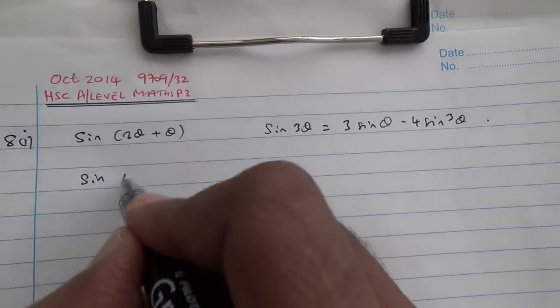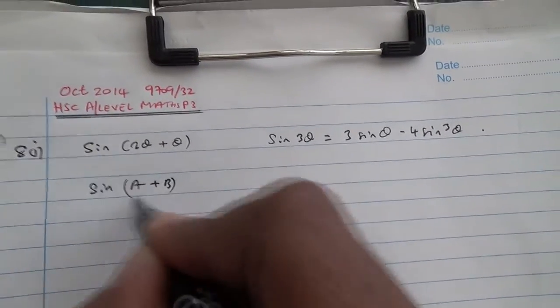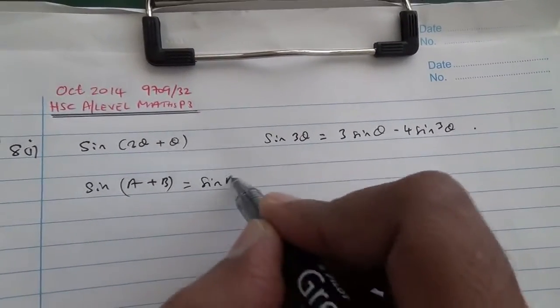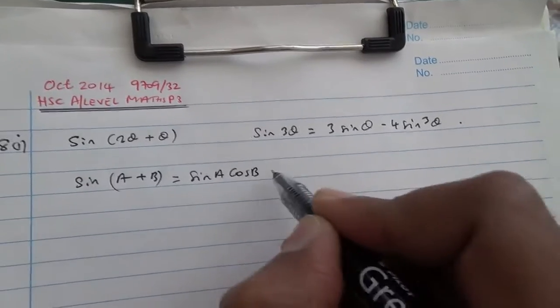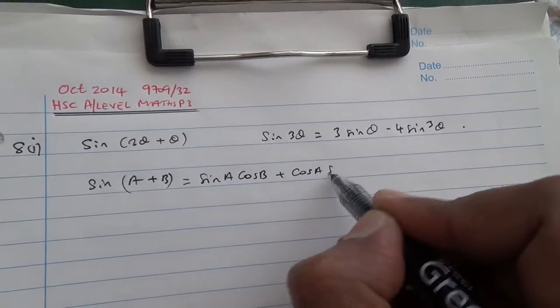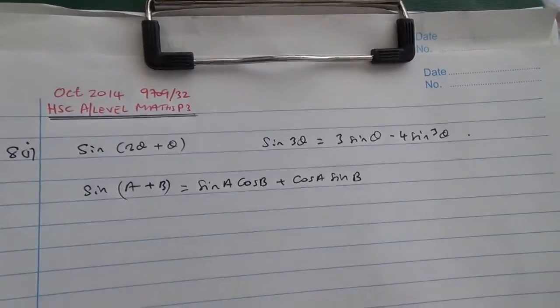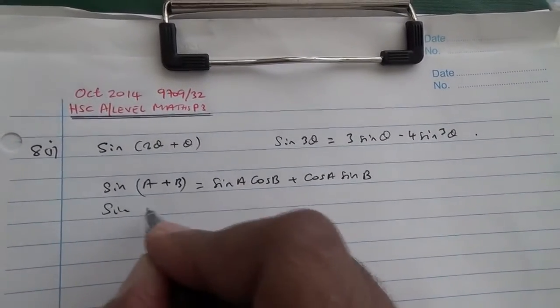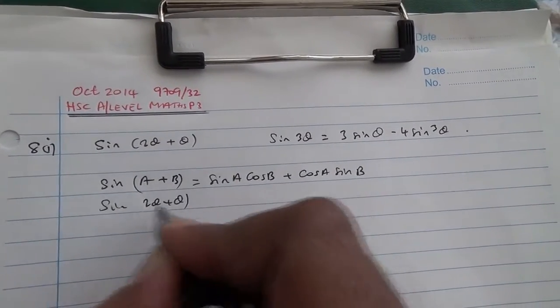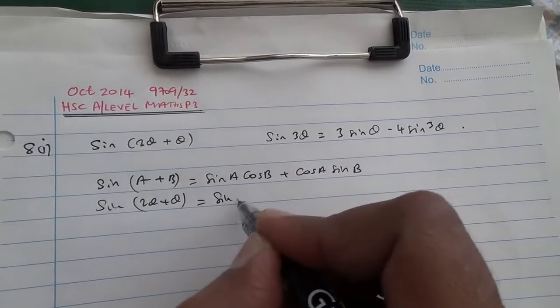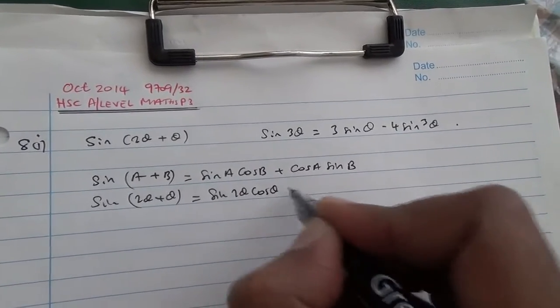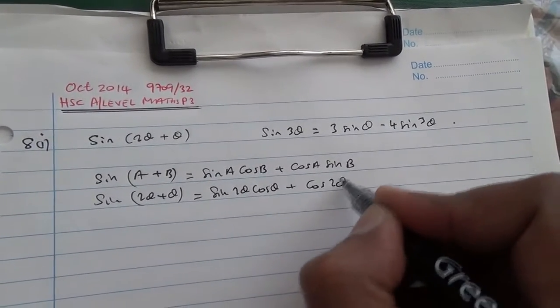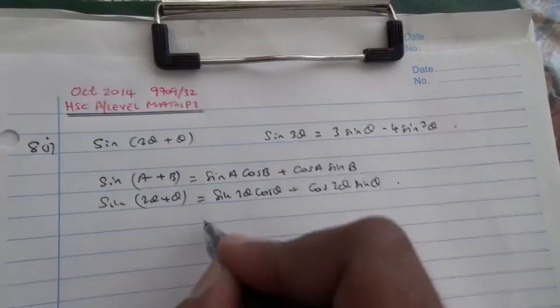So, what do we recall? That sine of A plus B is equal to sine A cos B plus cos A sine B. Applying this formula, we're going to expand this. Sine of 2 theta plus theta is equal to sine of 2 theta cos theta plus cos 2 theta sine theta.